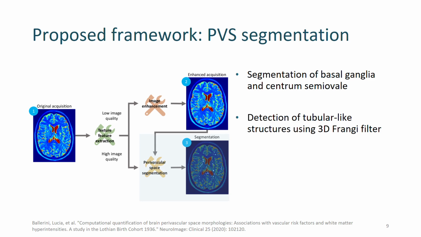After that, we segment perivascular spaces in both the enhanced and high quality images in the basal ganglia and centrum semiovale. We detect tubular-like structures using the 3D Frangi filter and take into account the count of perivascular spaces as well as the volume.